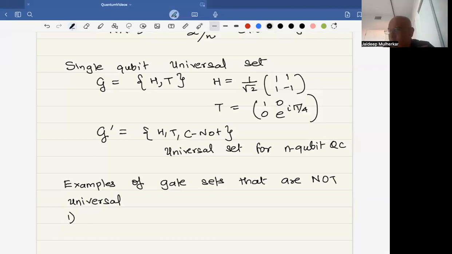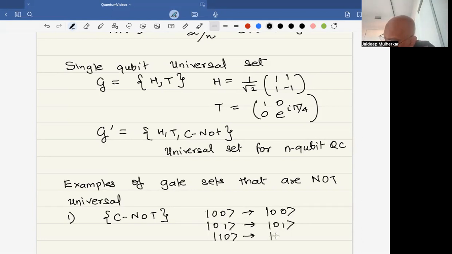So the first is the C-NOT gate. Now the C-NOT gate takes 00 to 00, 01 to 01, 10 to 11, and 11 to 10.